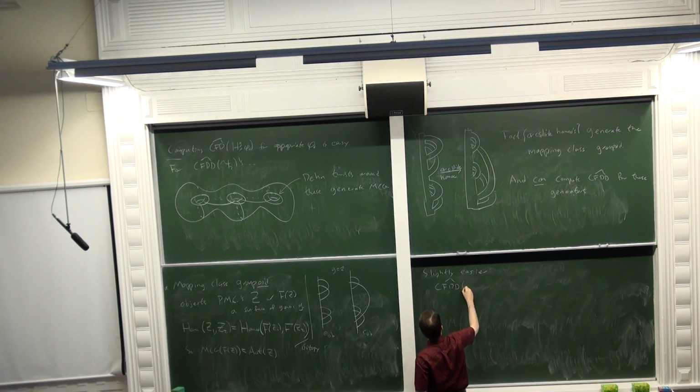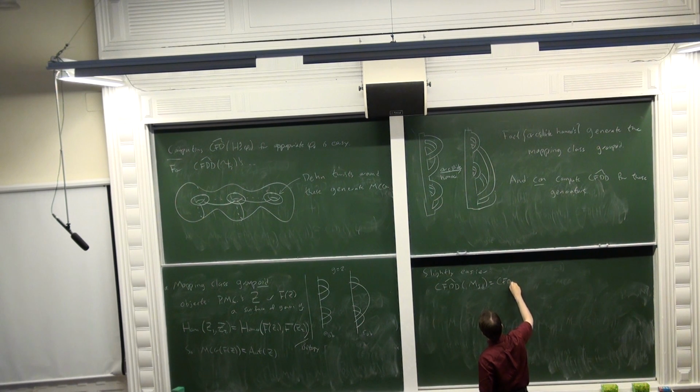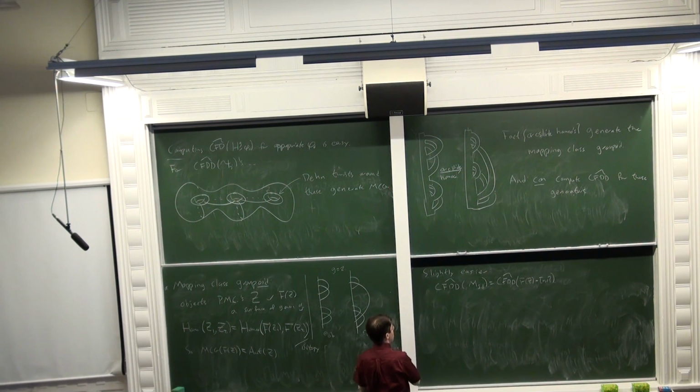CFDD hat of the identity mapping class, which is just CFDD hat of the identity. So we draw a bordered Heegaard diagram for the identity map. Maybe we use a split coordinate circle.